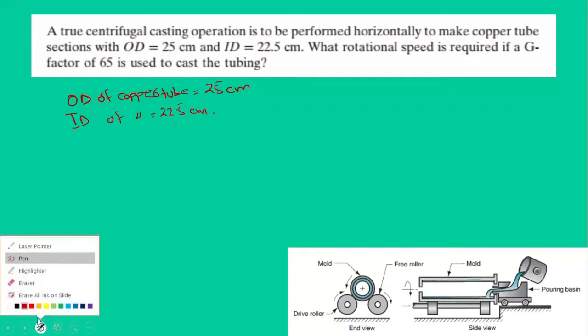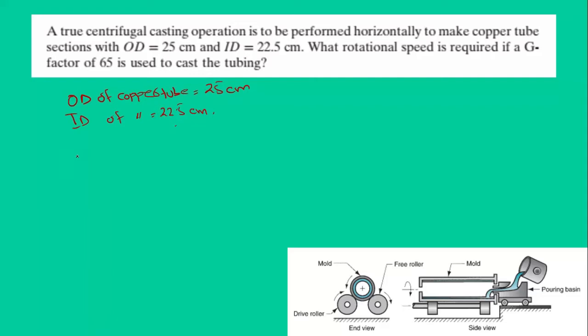Now if you remember, the formula that we derived for the rotation speed was n equals to 30 by pi into under root 2 g GF divided by the inside diameter of the mold cavity, right? So now start putting the values.